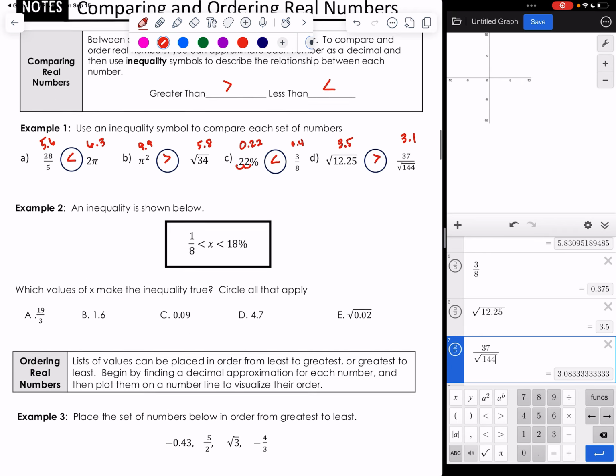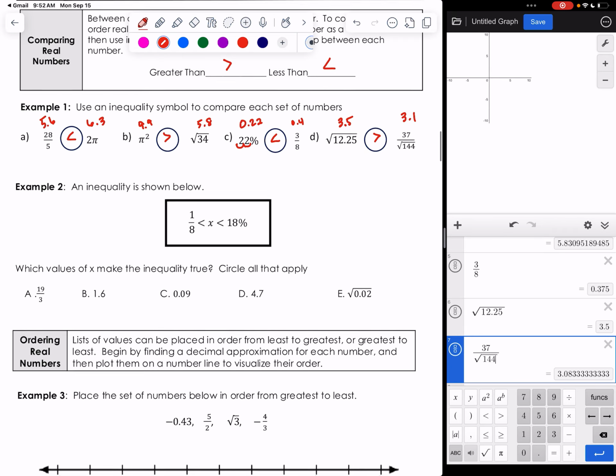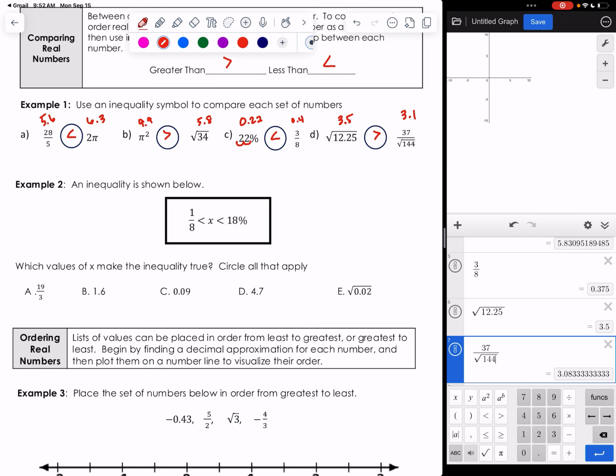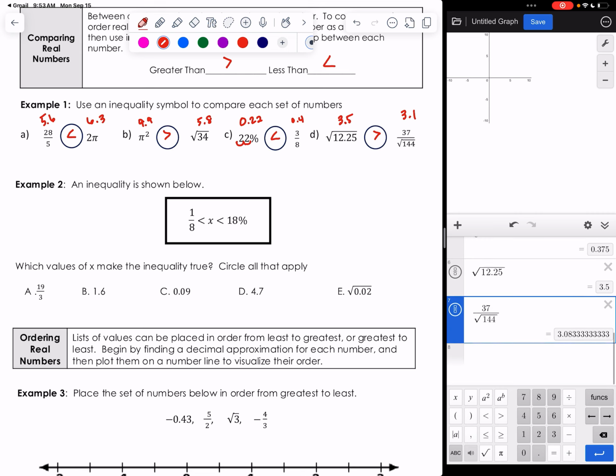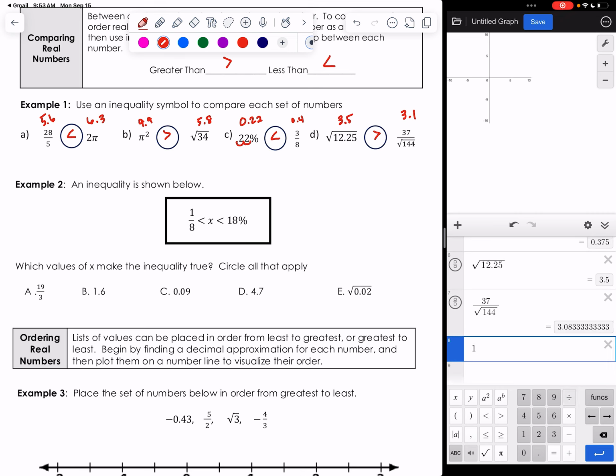Example 2, an inequality is shown below. 1/8 is less than x, which is less than 18%. Which values of x make the inequality true? Circle all that apply. So first thing we want to do is convert these two numbers to decimals. So let's say 1/8 is 1 divided by 8.